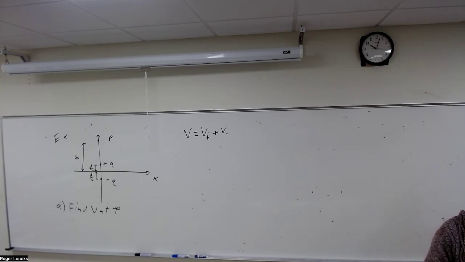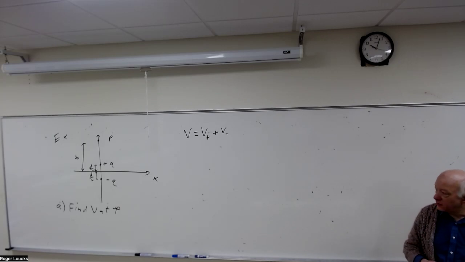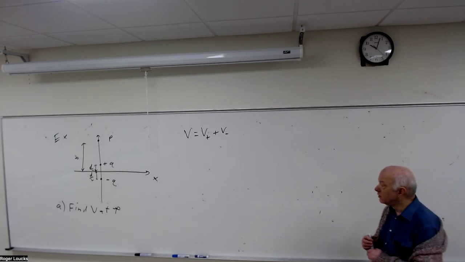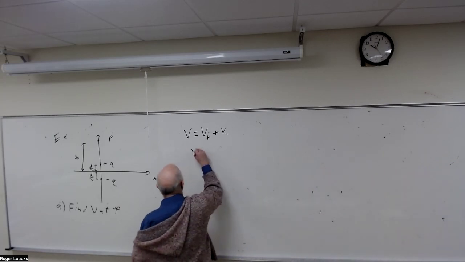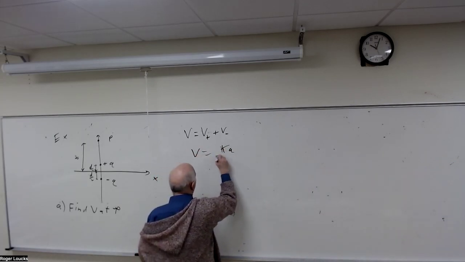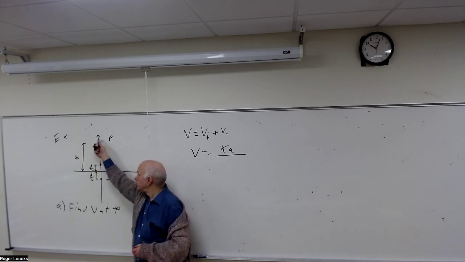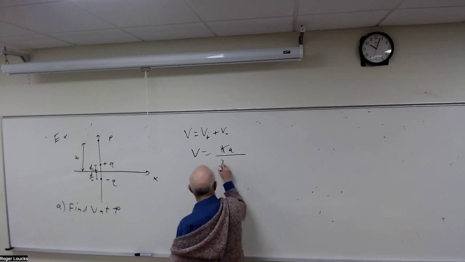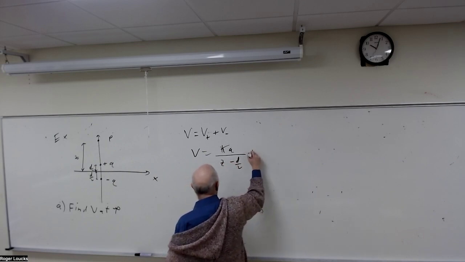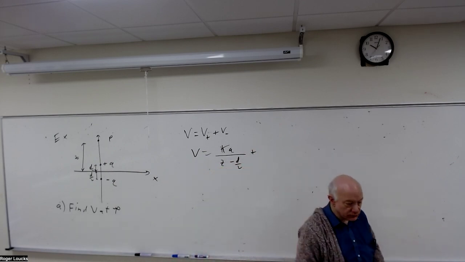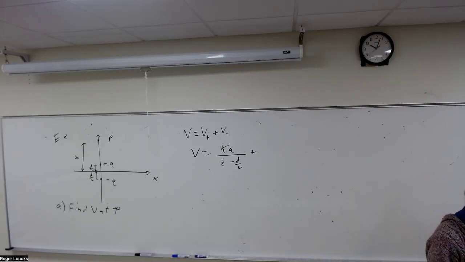kq over r. So tell me what the r is for my positive friend. For my positive friend, I have kq over, now here's my r, and so this has to be z minus d over 2. Now I have to add to that the V for my negative friend. So what is the V for my negative friend?